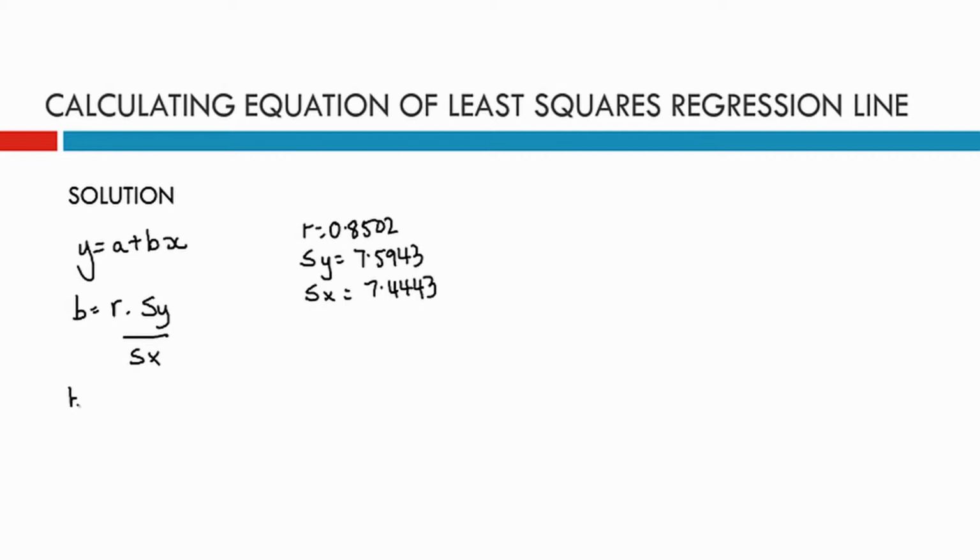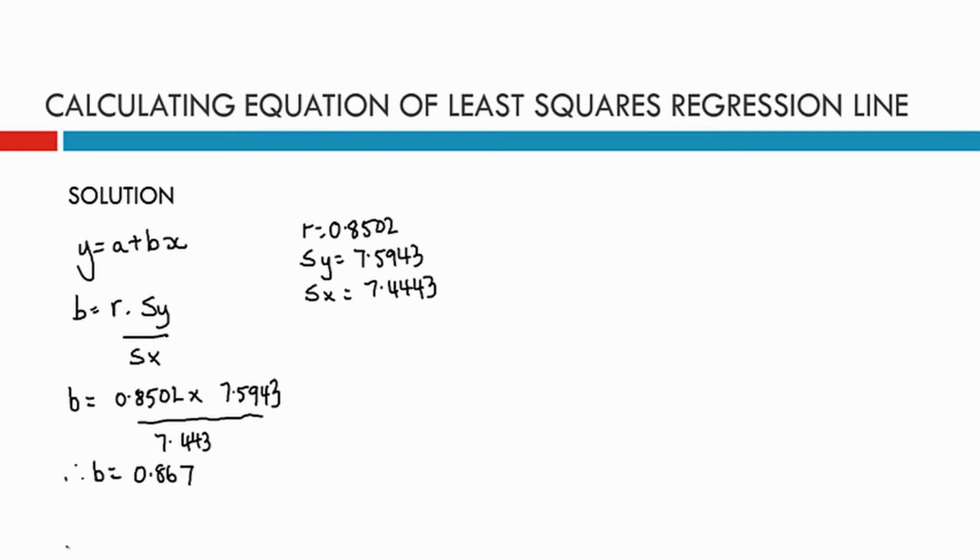We don't need to write them down, but we'll substitute them in. So we've got 0.8502 times 7.5943 divided by the 7.4443, and when we work that out, we get to three decimal places, 0.867. So we found our b.